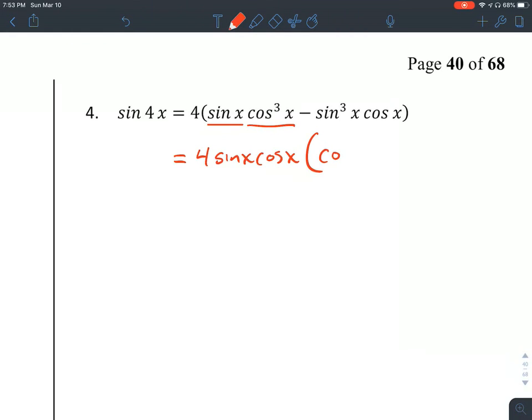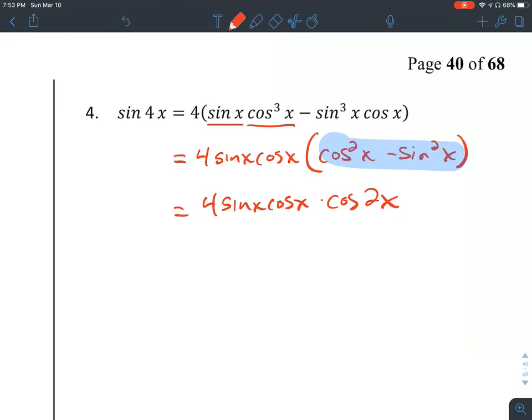It's going to leave me with cosine squared of x minus sine squared of x. Well, I recognize what this is. That is the double angle identity for cosine. And I don't know what else I could do with the right.